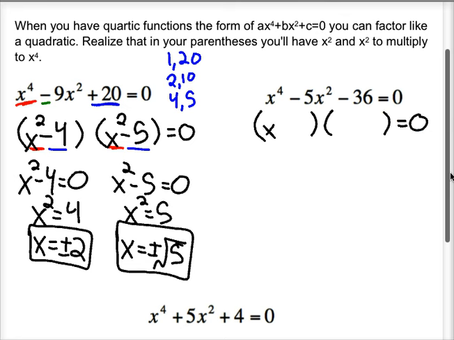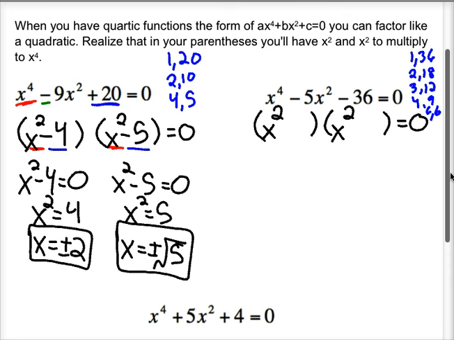So again, x to the 4th comes from x squared and x squared. 36. Well, let's brainstorm what gives us 36. Well, 1 and 36, 2 and 18, 3 and 12, 4 and 9, 6 and 6.